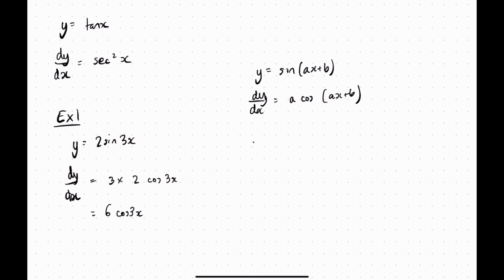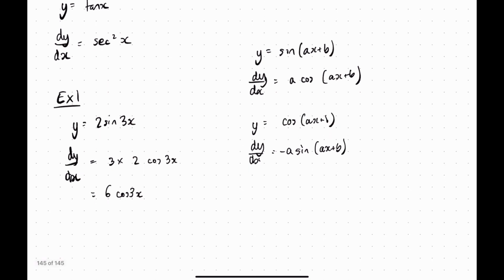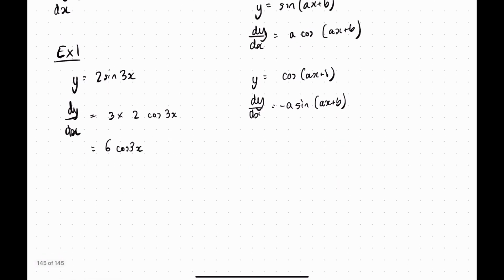If you've got y is equal to cos of ax plus b, dy by dx is equal to minus a sine of ax plus b. And lastly, the tan one, if y equals tan of ax plus b, dy by dx is equal to a sec squared of ax plus b. Is that alright? Cool.